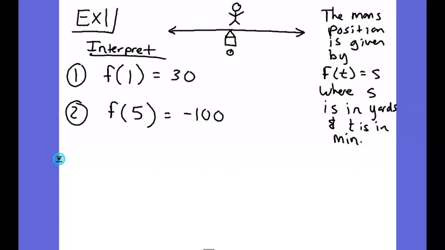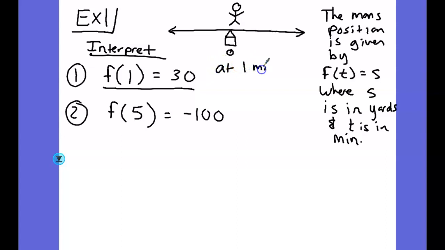So I'll pause here. Okay, so I want you guys to interpret this. So, what does this mean here? This first one. Close. At 1 minute, I don't want to say he's traveled 30 yards. He's at the 30-yard mark. So let's write this.